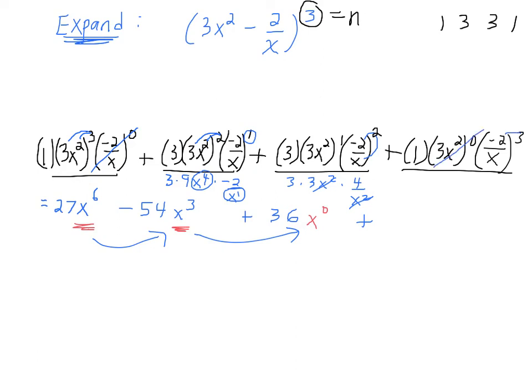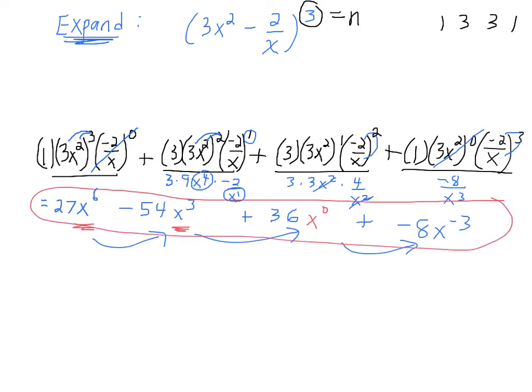Here we're going to have to distribute our power of 3. So we're going to have a negative 8, right? Because negative 2 cubed is negative 8 all over x cubed. You can write it like that, or you can write it as negative 8x to the negative 3. And again, that shows how the powers of x are going down by 3. So the 4 terms in our expansion would be what we see there.